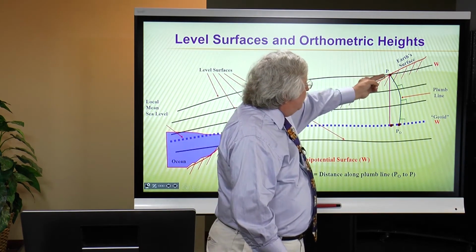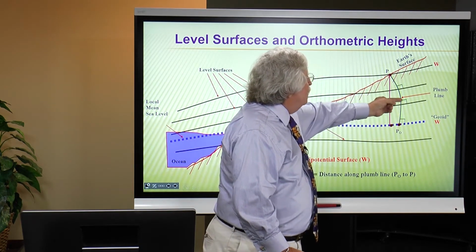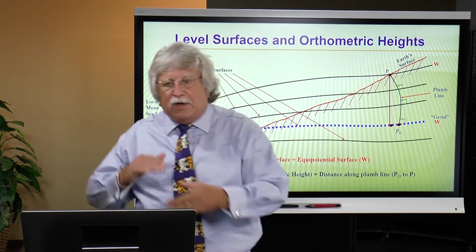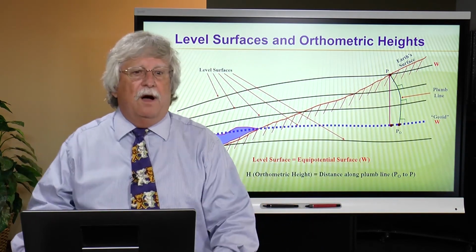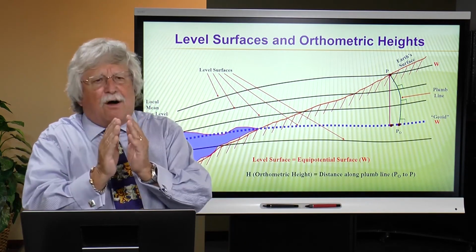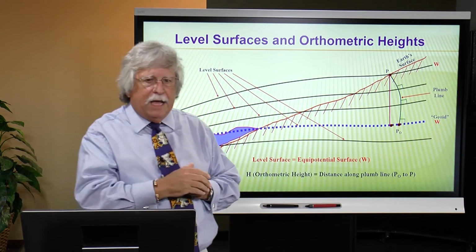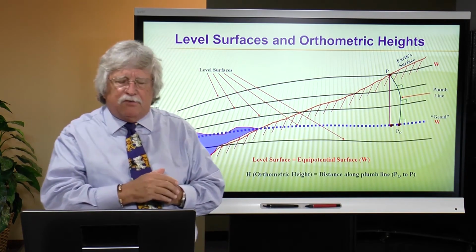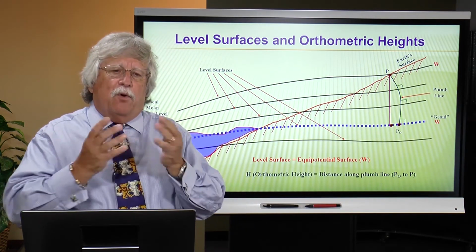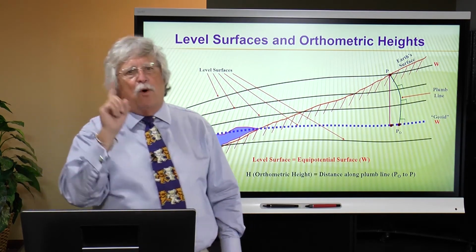What you actually have is this curved surface that is perpendicular to each one of the equal potential surfaces that are involved there. So it's actually a curved line. It's not a straight line. It's a little hard to see. I've obviously taken liberties with this sketch, but nonetheless, it is a critical part of understanding the process of not observing leveling, but processing it.